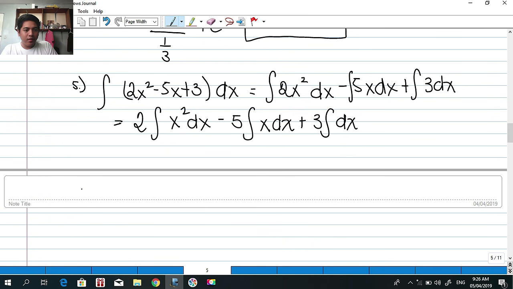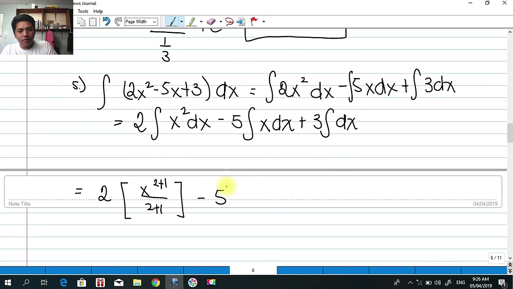So, for that, 2 times the integral of x squared is, again by power formula, x raised to 2 plus 1 over 2 plus 1. Okay? So, minus 5. This is still a power formula. Its exponent is 1. So, x raised to 1 plus 1 over 1 plus 1, plus 3, the integral of dx, as I said a while ago, should be simply x.